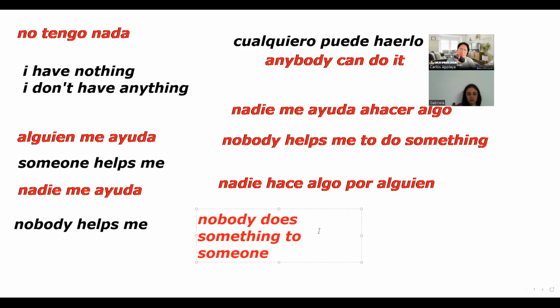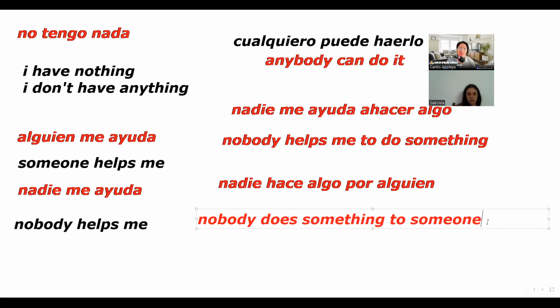Ahora, aquí, a ver, nobody does something to anyone. Aquí puede ser anyone, porque recuerda que si le digo por alguien o por cualquier persona, ese alguien se refiere a cualquier persona. Puede ser anyone. It could be nobody does something to anyone.